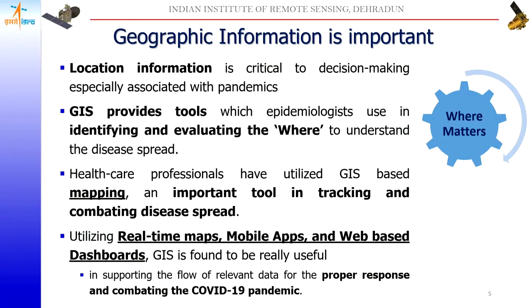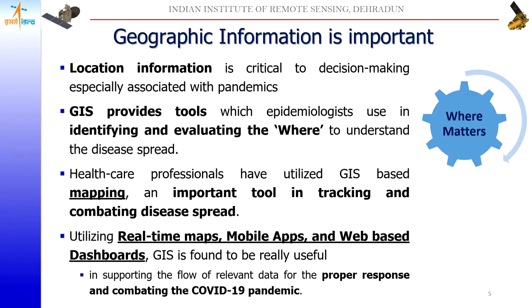Now, from this topic's perspective, Internet GIS and mobile GIS based solutions like real-time maps, dashboards and mobile apps are being used widely for combating the COVID-19 pandemic, in order to have a real-time assessment of the situation on the ground and let decision makers make informed decisions.